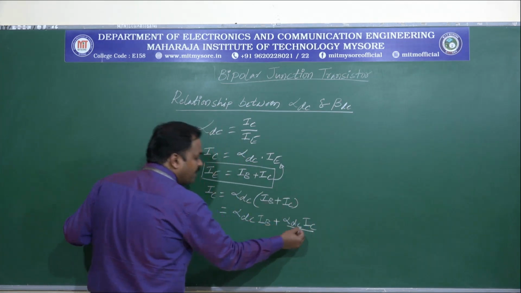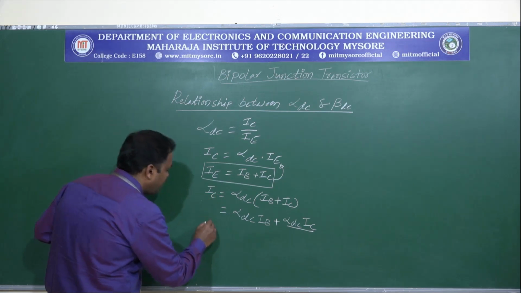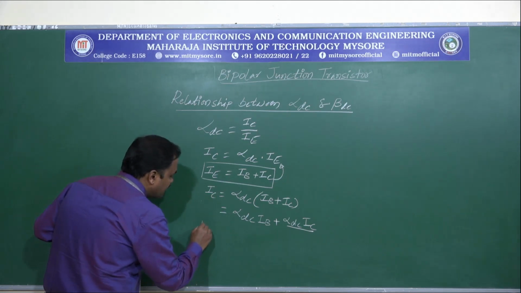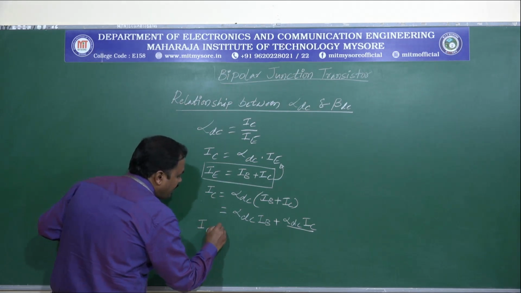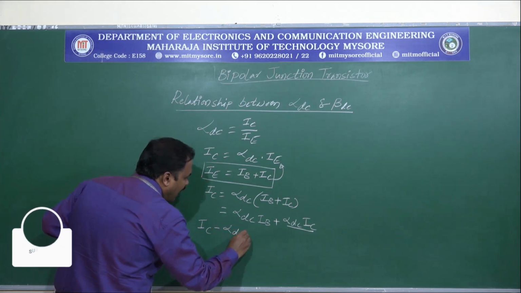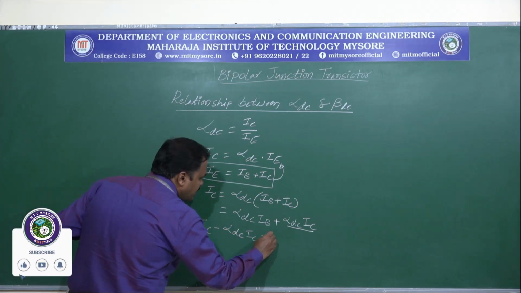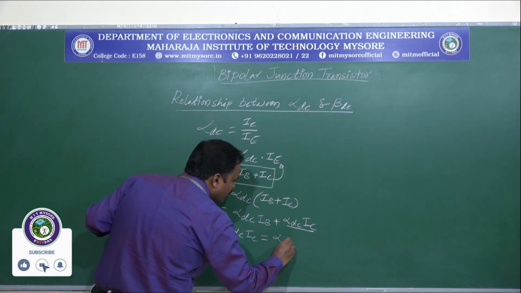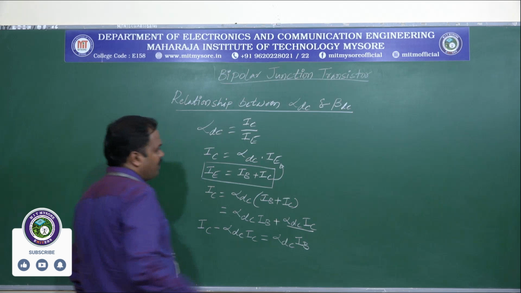Transferring alpha DC into IC to this side, we can write IC minus alpha DC IC is equal to alpha DC into IB.